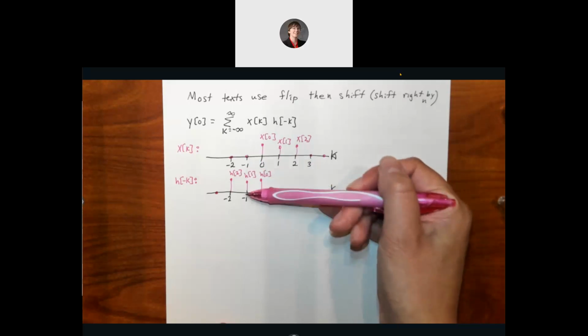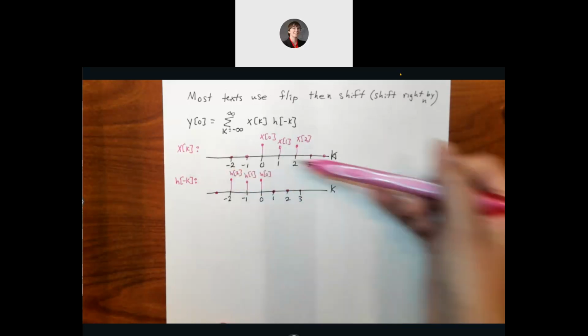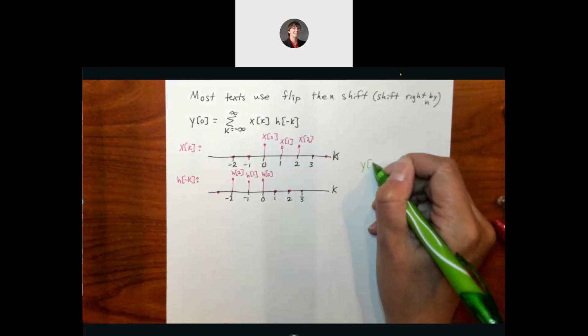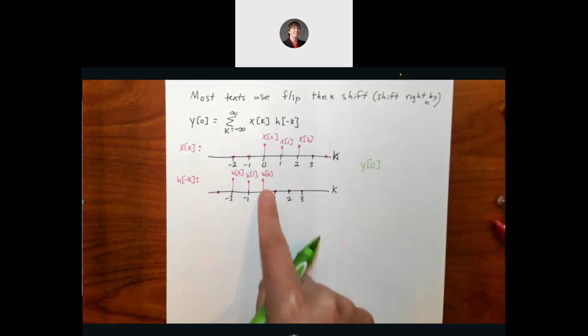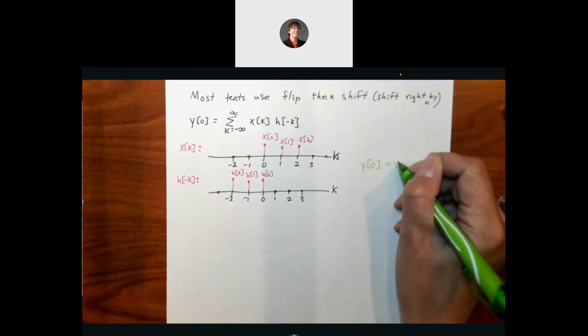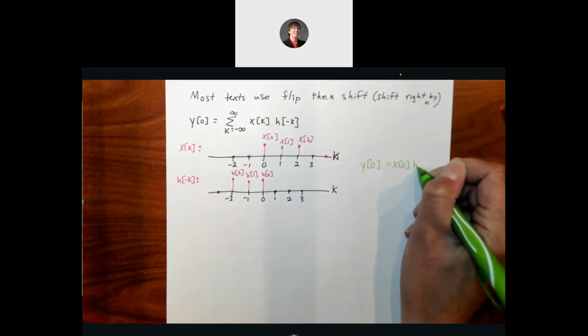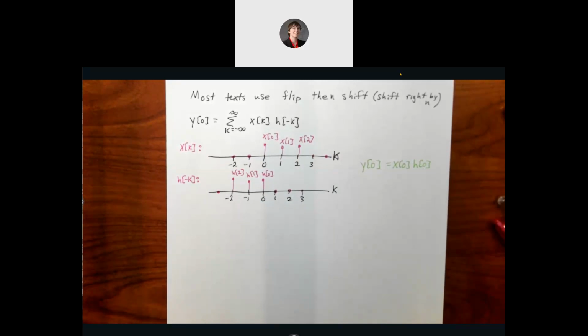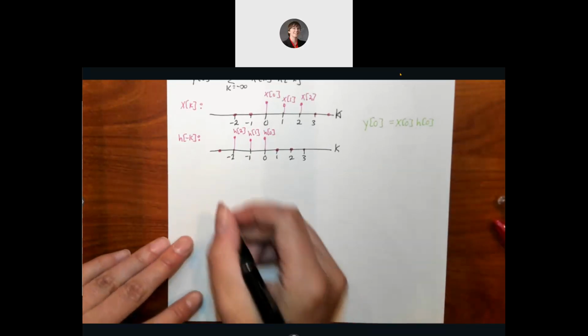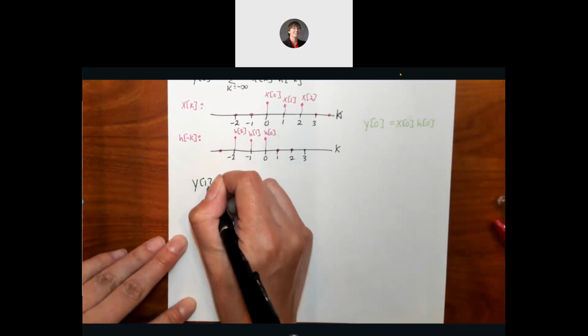We have 0 times h of 2 is 0, plus at k equals 1, we have 0 times h of 1, plus, and you move along like that. So in this case, our y of 0, the only non-zero multiplication at each of these k's is at k equals 0. So we have x of 0, h of 0. And you can continue that on.